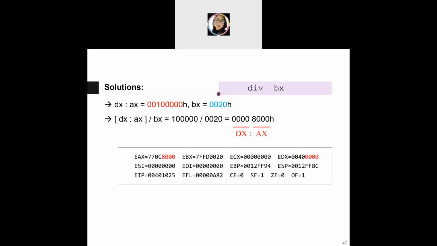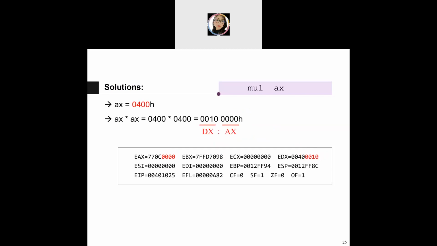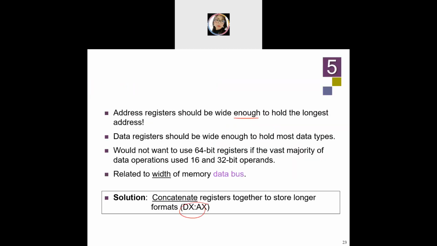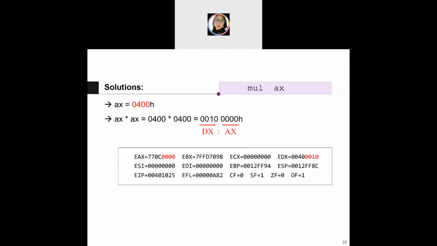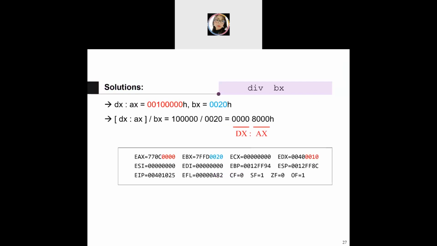So this is the concept, just for you to have a solution if sometime you already overflow and the size is not enough, so you're going to use the solution. It will inform you whether you need to use that solution or not.